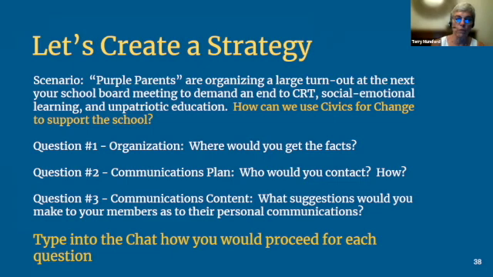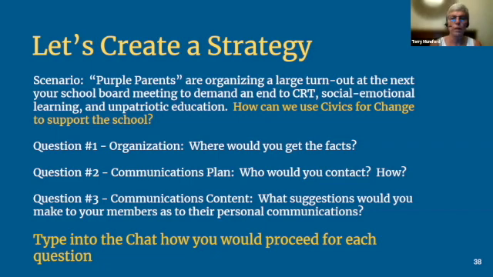You can answer that if you want. And then question 2 is, again, this small group of parents was trying to figure out, who would they contact? I guess to make it easy, would they contact the school board members?